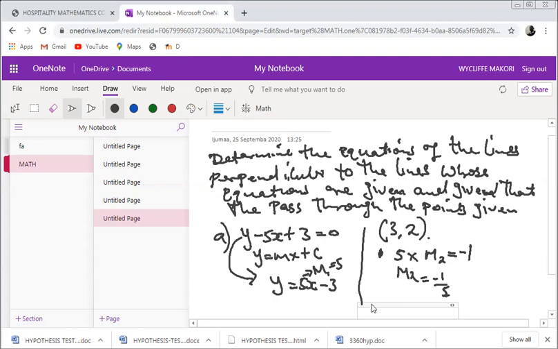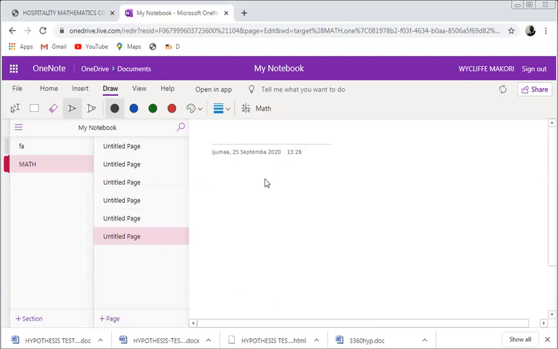After determining the gradient of the other line, that is m2 is equal to negative 1/5, and we know it passes through the point (3, 2), then you can determine the equation. From what we know, the equation of a line can only be obtained if we have one point and the gradient. In this case, we have got those. So we assume another point here, (x, y).